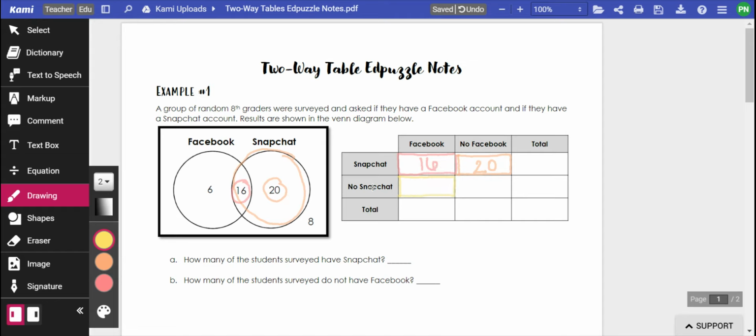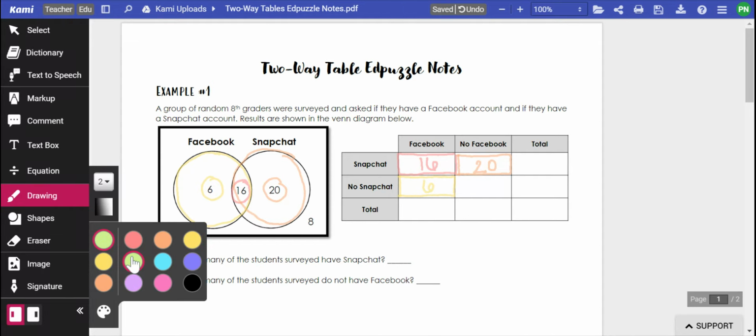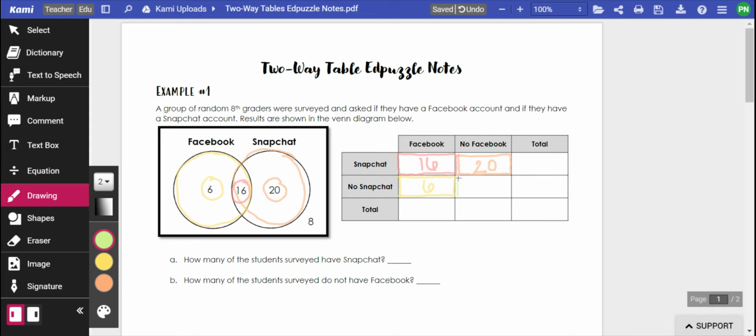So this is no Snapchat, but they have to have Facebook. So again, we're going to look at our Facebook circle, but I don't want them to have Snapchat. So that means I'm looking at 6 people. And then our last one is going to be who has neither Snapchat nor Facebook. And that's going to be whoever's on the outside, which would be 8.